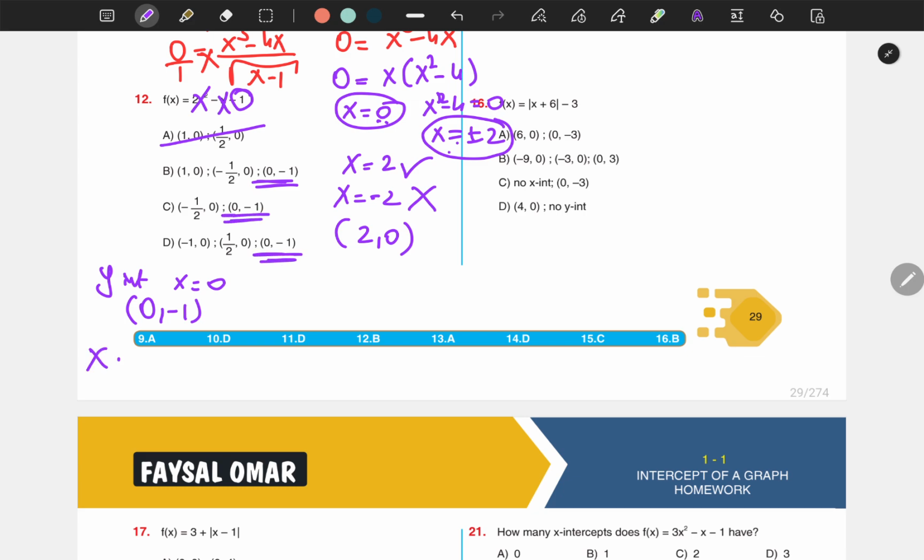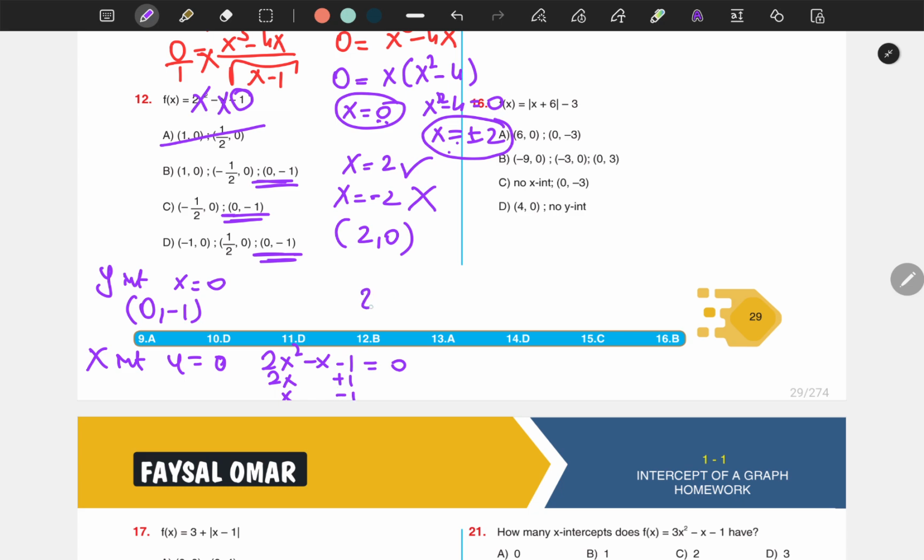For x-intercept, y must be 0. Which is 2x squared minus x minus 1 equal to 0. Guys, I think you should remember this one. This is factorization, isn't it? Yes. Let me factorize it. This is by 2x, x. Okay, and then by positive 1 and negative 1.